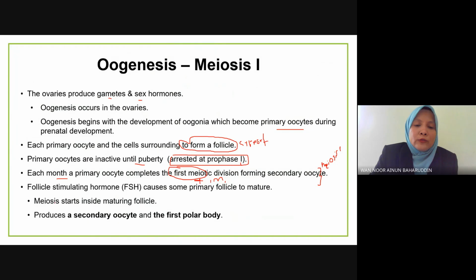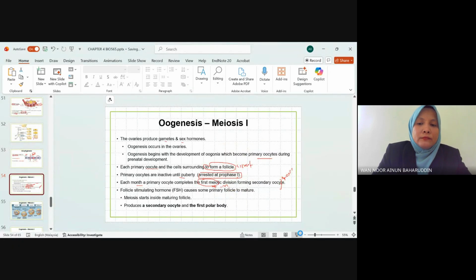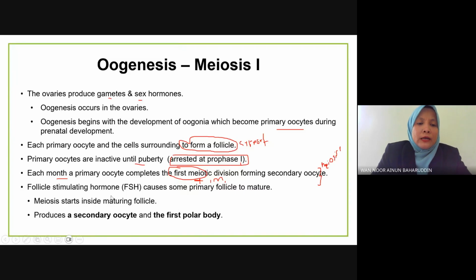Follicle stimulating hormone, FSH, causes the primary follicle to mature, and meiosis starts inside the maturing follicle to produce the secondary oocyte and the first polar body. So the one responsible during puberty is FSH.